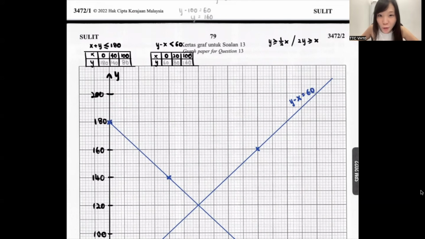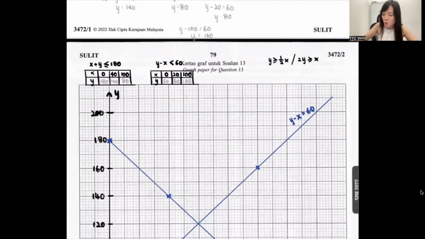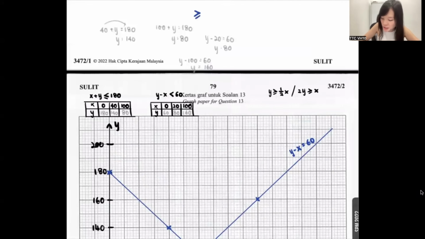Guys, correct or wrong? If you're not able to realize it, then you're wrong already, my dear. This line is wrong. You know why this line is wrong or not? Because I hope you guys all remember, okay? Whenever you put bigger equal, lesser equal, if every equation got equal, you're going to draw a solid line.